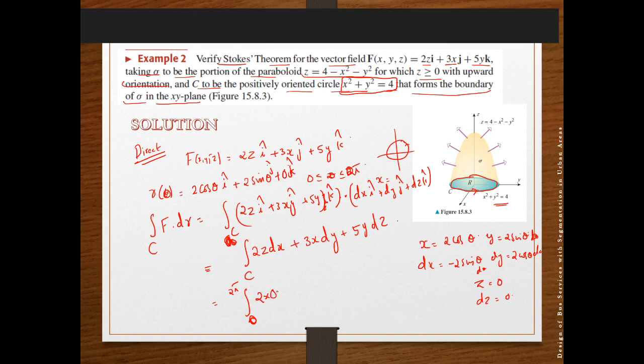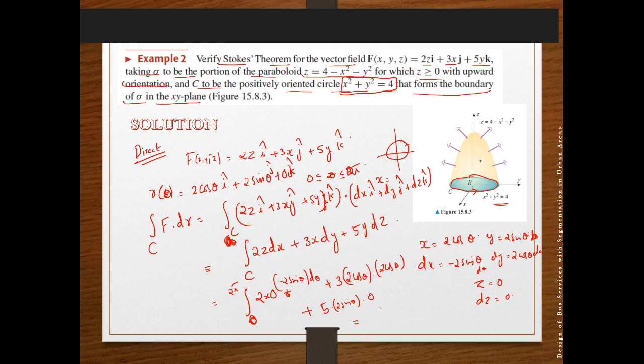So z is 0, plus 3 into x, which is 2 cos theta, into dy, which is again 2 cos theta, plus 5 into y, which is 2 sin theta, into dz, which is 0, right?